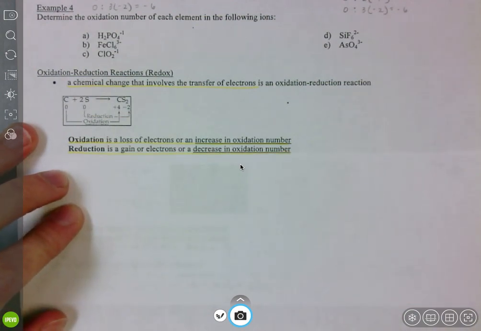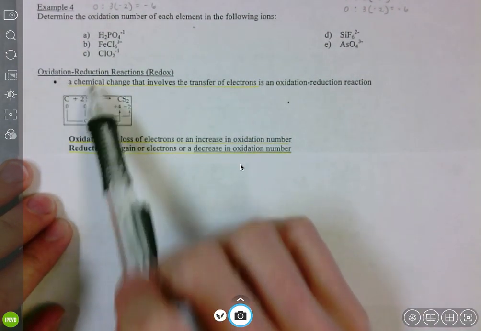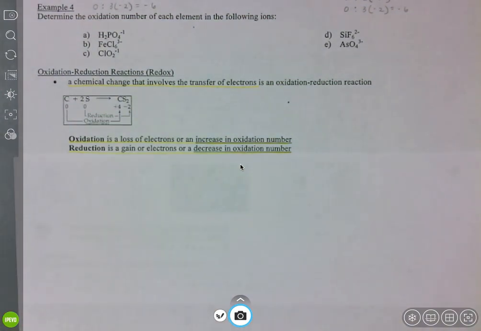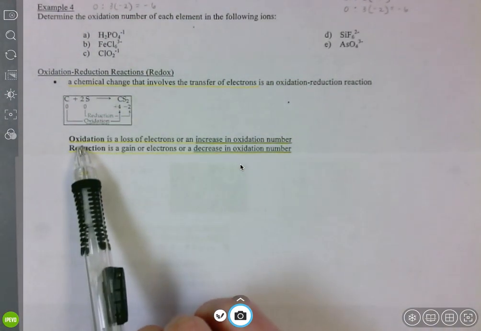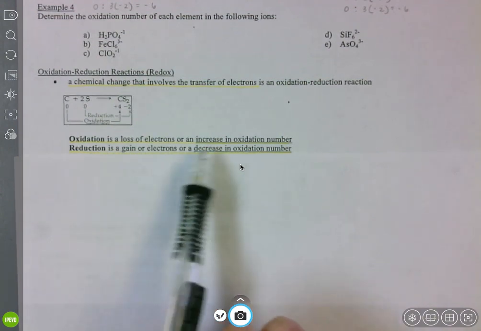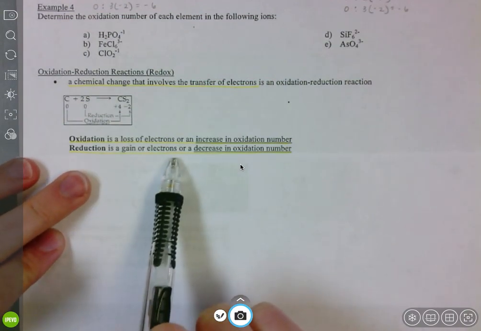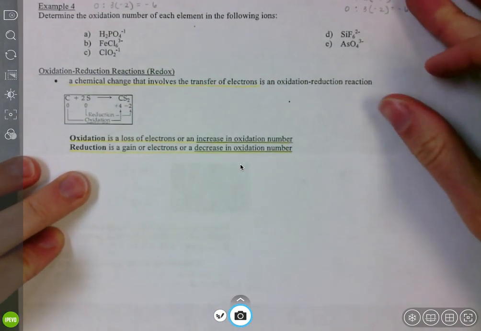Electrons are coming from somewhere and going to something. So redox, oxidation, reduction are always coupled together. Oxidation is our loss of electrons or an increase in oxidation number, and our reduction is a gain of electrons or a decrease in oxidation number.